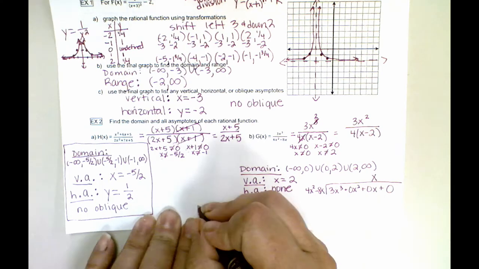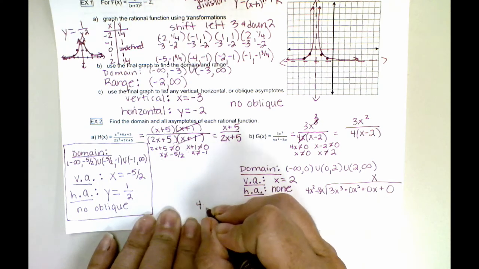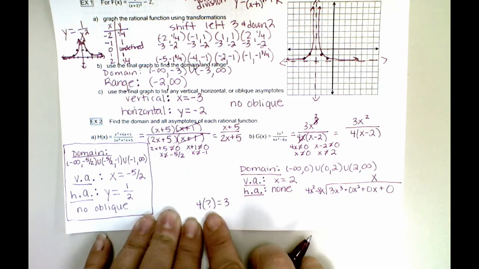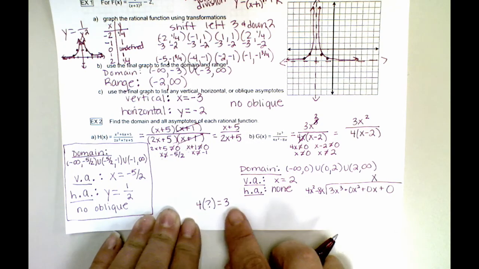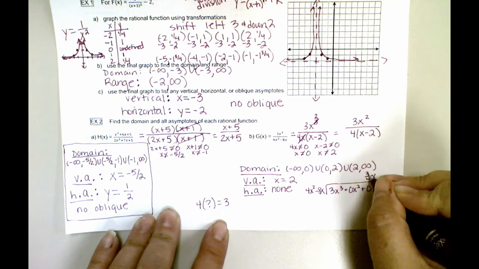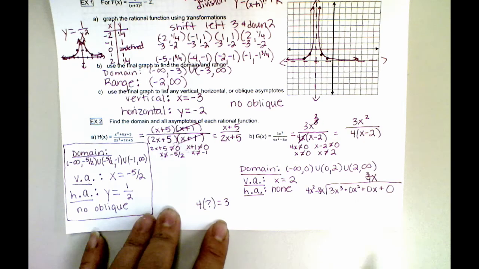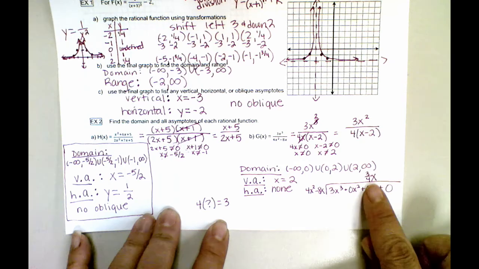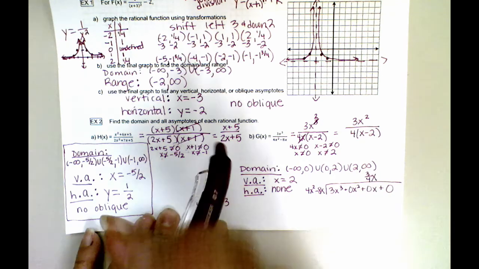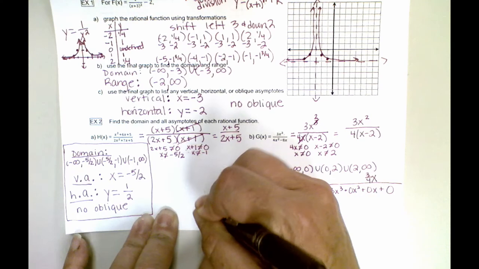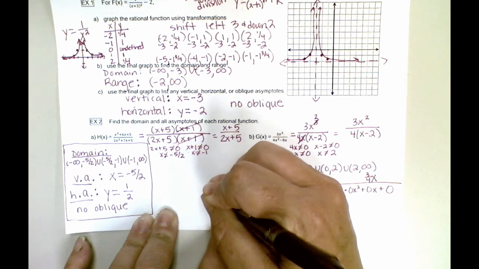So think, 4 times what equals 3? Well, if I'm solving for question mark, divide by 4, question mark is 3/4. So that's what goes here. So what do I multiply 4x squared by to get 3x cubed? 3/4x.